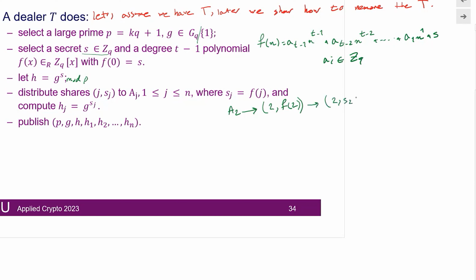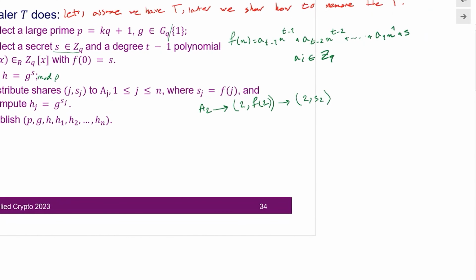Remember, we would have slightly different notations. So for user 2, authority 2, we compute 2 and f of 2. We already have our f function. His share, we are going to call it 2 and s2, the secret for user 2.